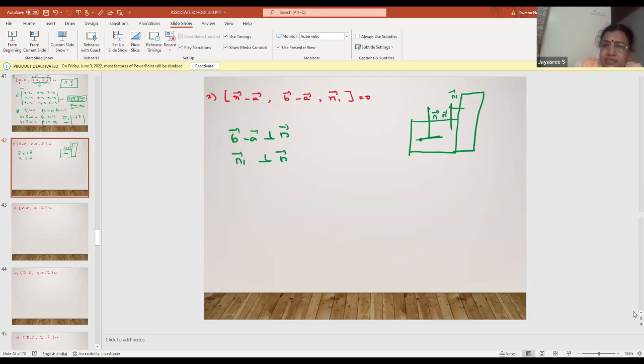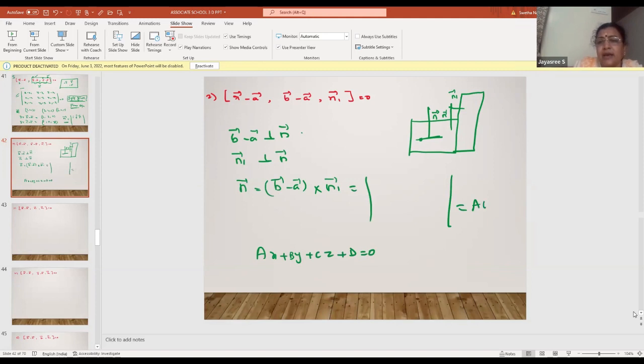Already we have to train in such a way: vector perpendicular to vector is a cross product. So we can ask them to find n vector as cross product of B vector minus A vector cross n1 vector, getting the answer, and then writing the equation ax plus by plus cz plus d equal to 0. Here the answer is ai plus bj plus ck. So substitute the a, b, c values, and then get the d value by substitution of any one point.